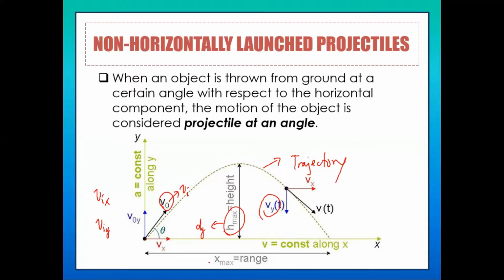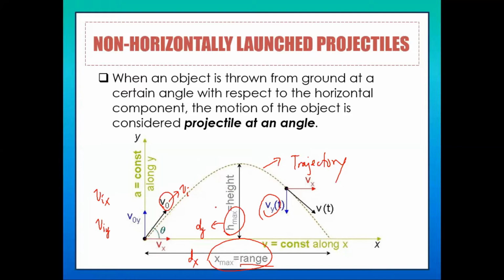Another thing you notice here is the x sub max, or in other physics books, d sub x. This is the same as the term range. The range is the distance between the launch point and the point where the projectile hits the ground, from the point of release to the point where it hits the ground. So that is your range.